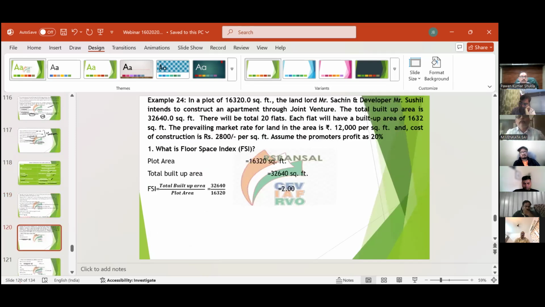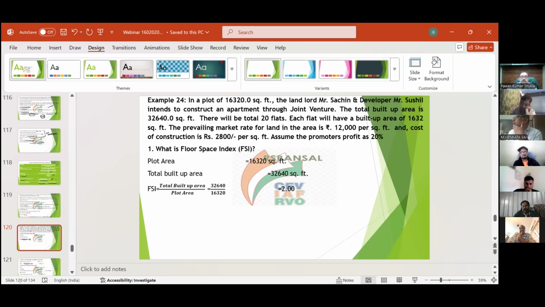In a plot of 16,320 square feet, the landlord Mr. Sachin and developer Mr. Sushil intend to construct an apartment through joint venture. The total built up area is 32,640 square feet. There will be 20 flats.